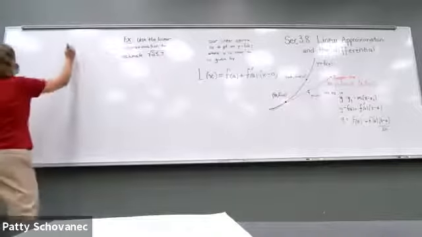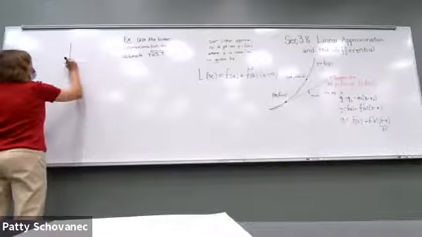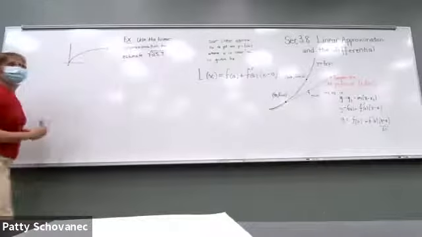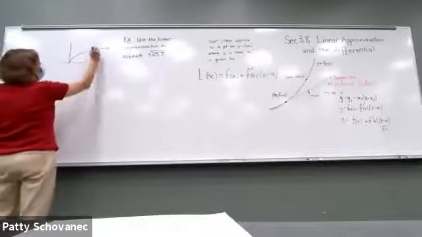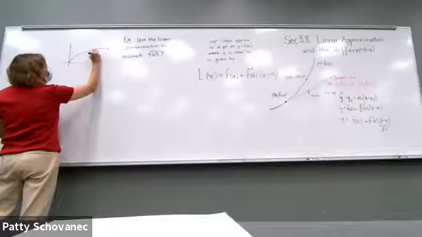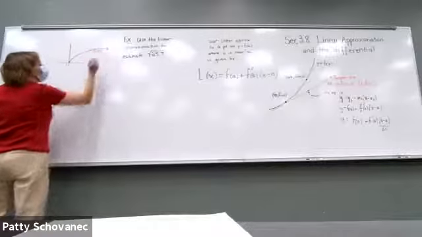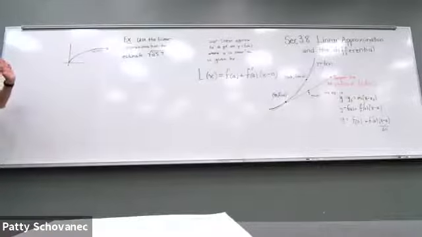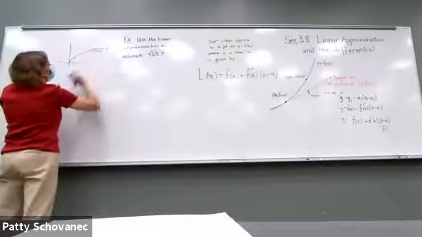So here's the graph of y is equal to the square root of x. We're going to go way out here to x is 25, write the equation of the tangent line, and then just move over on the tangent line to 25.7, find the value on the tangent line for that, and that's going to be approximately the value on the black curve. So here's L, and here's f.